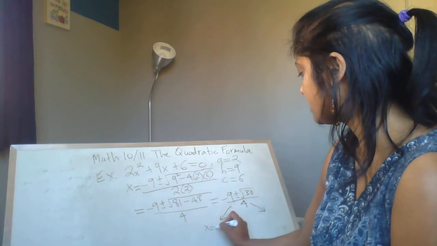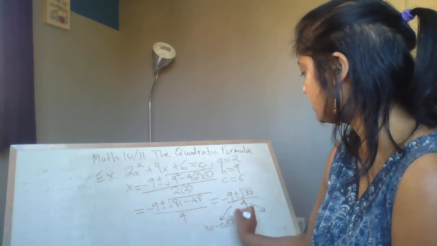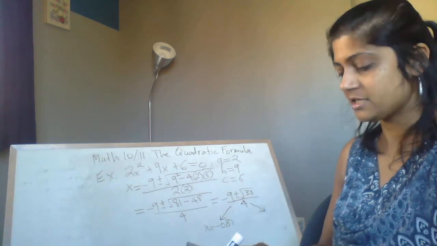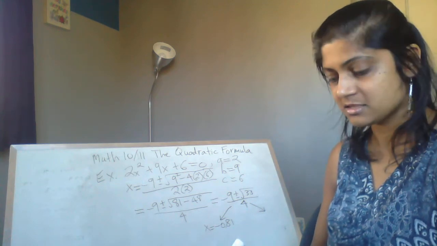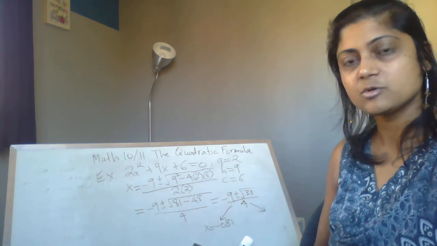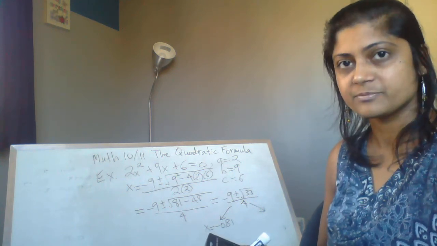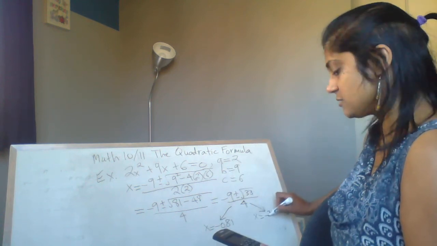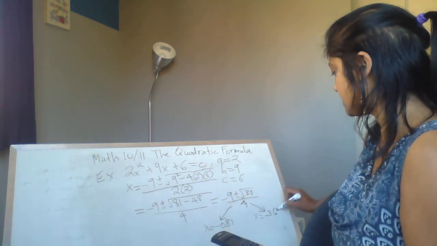So I'm getting x equals negative 0.81. And the second time I'm going to take negative 9 minus the square root of 33, and I'm going to divide this by 4, and I'm getting x equals negative 3.69.